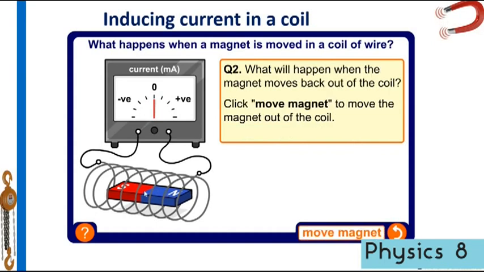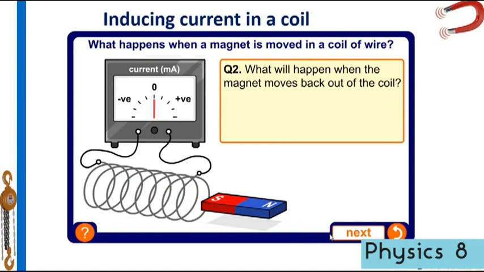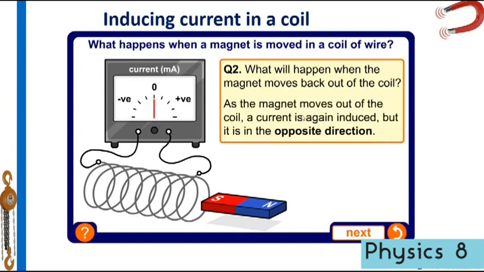And we're going to move it out of that coil, and move it back to its original position. Right, what you probably noticed was that the needle on the ammeter flipped to the left-hand side. So let's summarize that. As the magnet moves out of the coil, a current is again induced, but it's induced in the opposite direction.